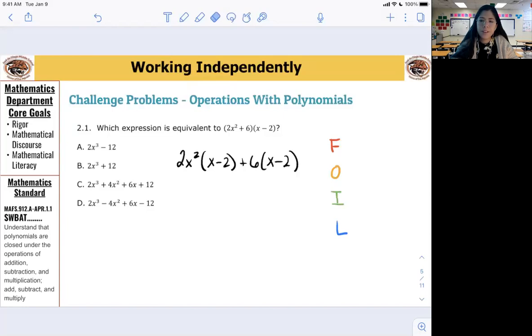Looking good so far. I'm still missing half of the students, so go ahead, 30 more seconds.